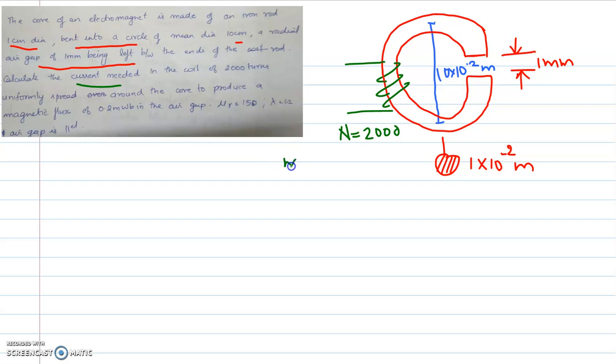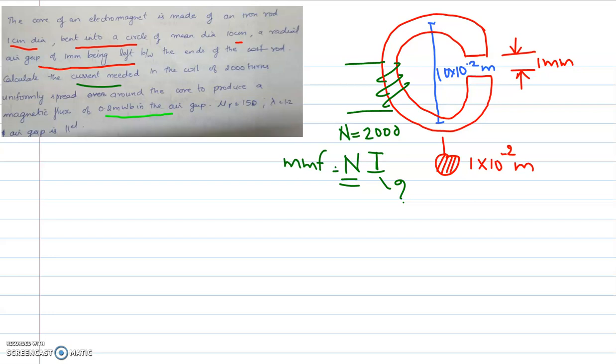So MMF is nothing but N into I. In that, N is already given to you. I you are asked to find out. Some more things are given in the question. What are they? They are producing 0.2 milliweber. It is produced in the air gap.